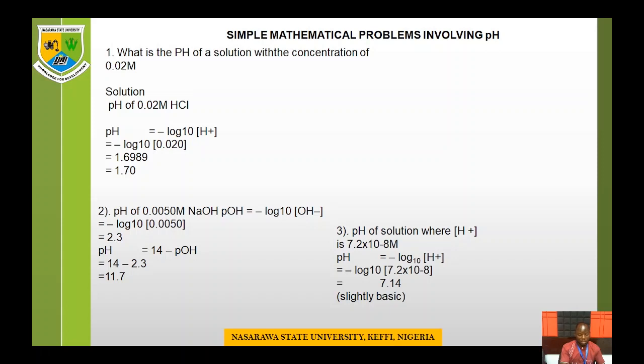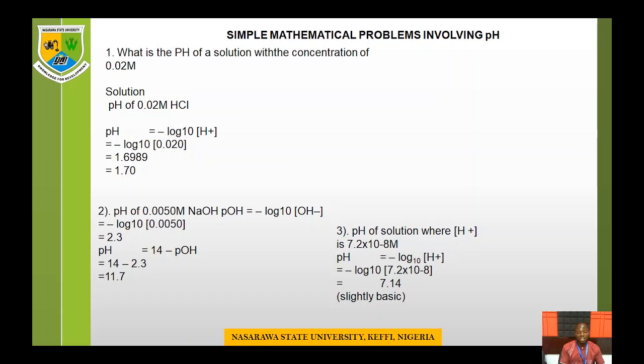The same thing in number 2, where we are asked to calculate the pH of a solution of sodium hydroxide having a concentration of 0.0050 molar. All you still need to do is to replace the hydroxyl ion with this number.